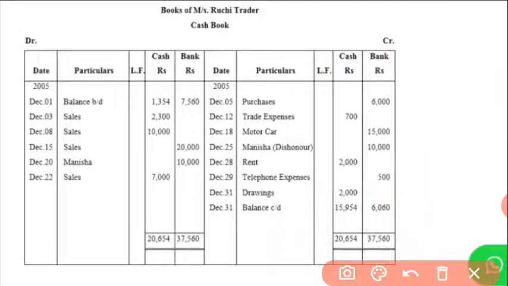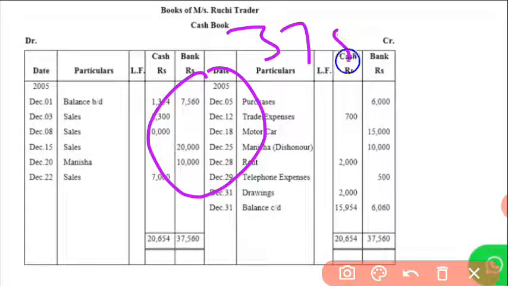Okay beta, now next, we come to the bank column, the sum of this bank column will be 37,560.